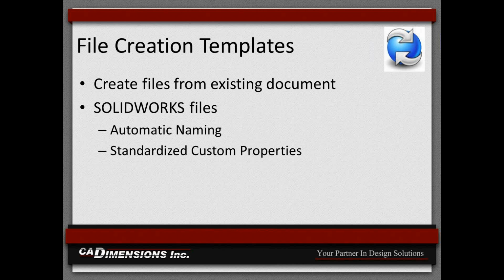We can use templates and tie Enterprise and SOLIDWORKS together. So we're going to get the benefit of some things that you saw in the project folders, in that we can get automatic naming of files. We can standardize on custom properties, this clipboard concept where we're copying properties between.